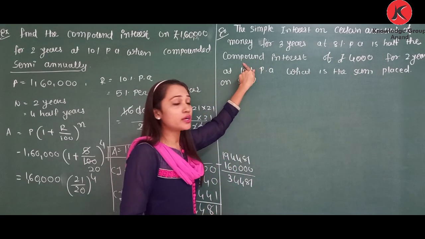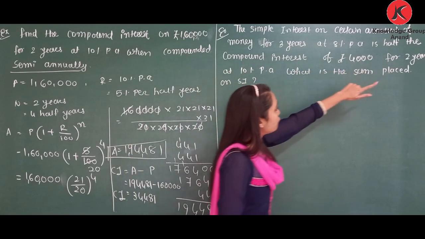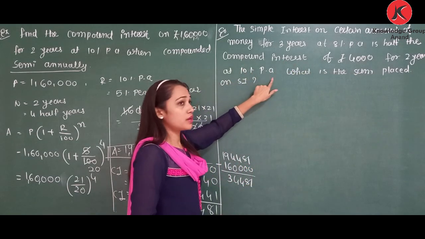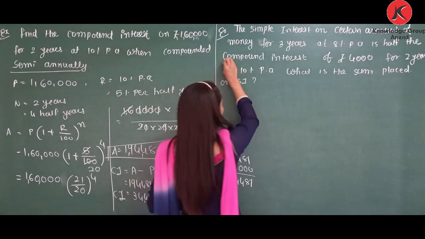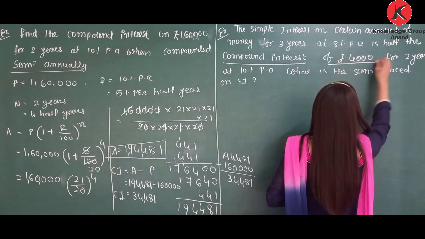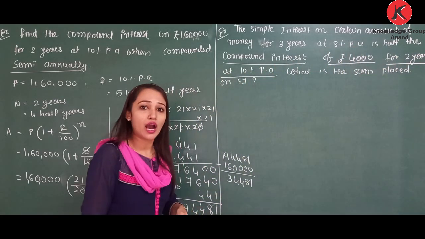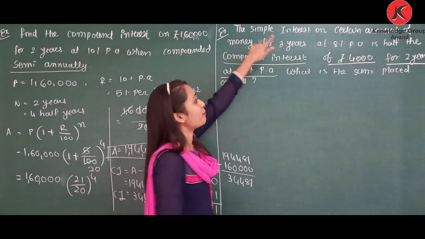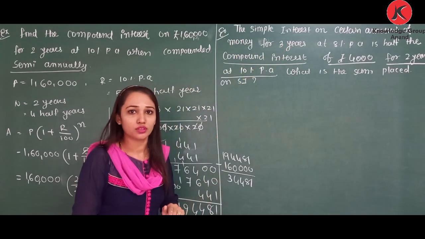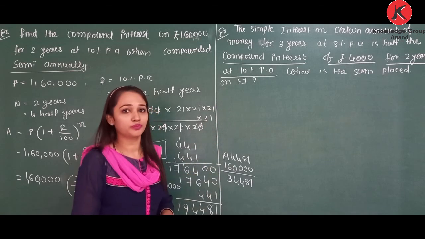Compound interest of what? 4,000 for 2 years at 10% per annum. If we find the compound interest for 4,000, 2 years and 10%, and take half of that, it is the simple interest of the amount. And we need to find the amount.